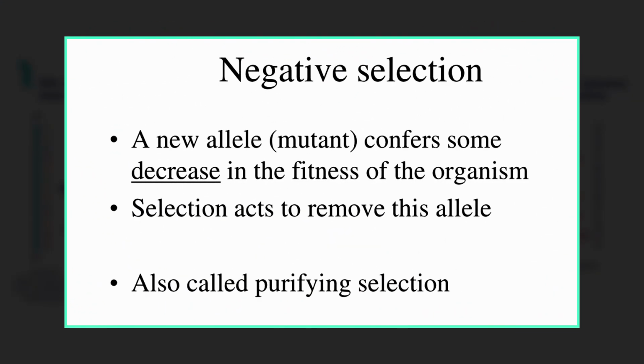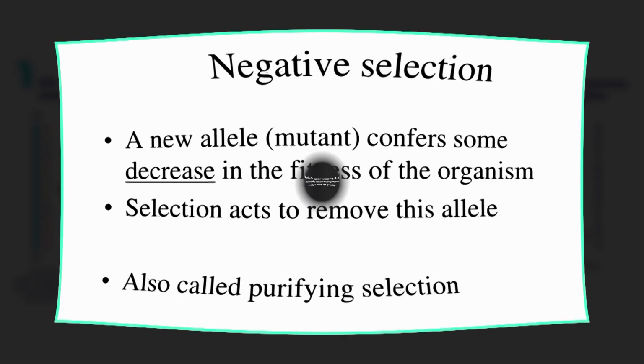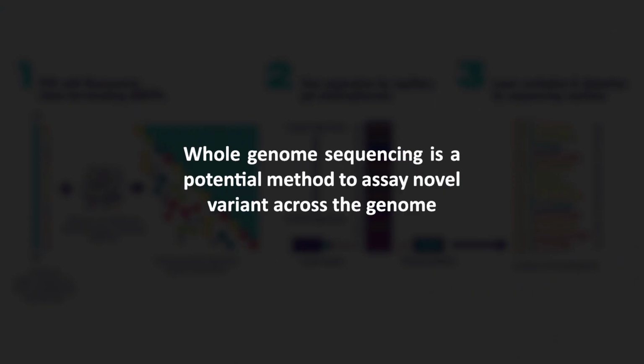However, disease-causing variants of large effect have been found to live within exosomes in candidate gene studies, and because of negative selection are found in much lower allele frequencies and may remain untyped in current standard genotyping assays. So whole genome sequencing is a potential method to assay novel variants across the genome.